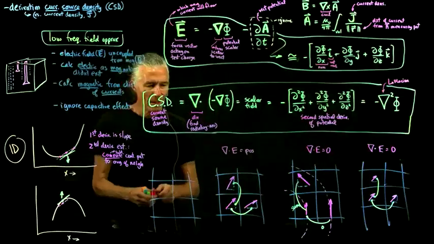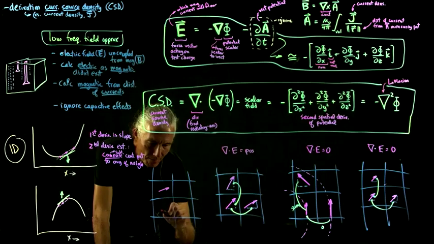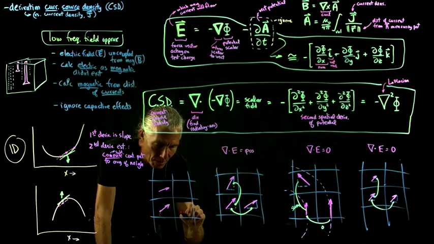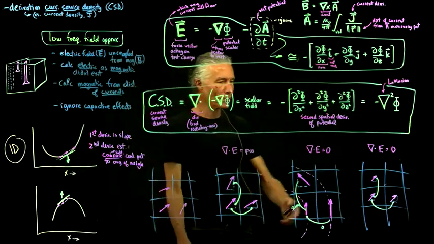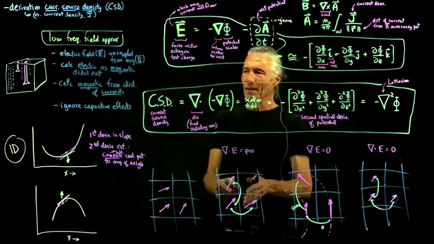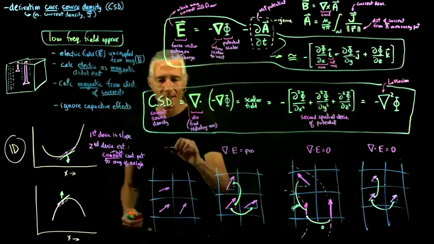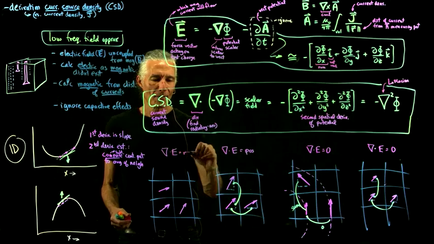And then similarly, if you have something that looks like this, notice they can all point roughly in the same direction. Here's a 0 divergence. They're all more or less at 45 degrees. Here's a positive divergence, and then here's a negative divergence.